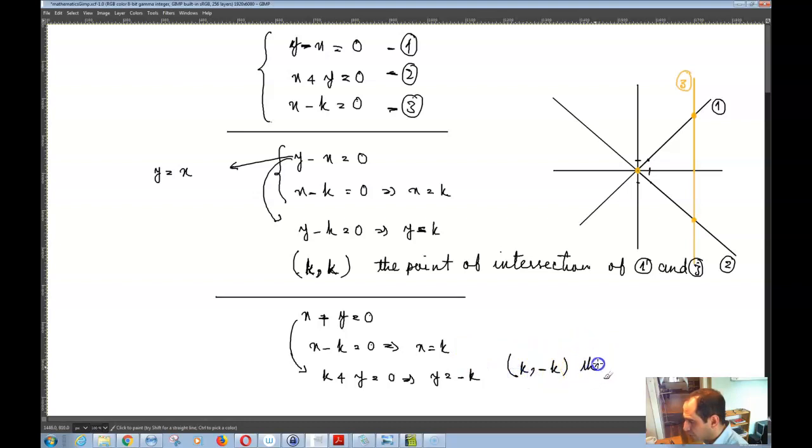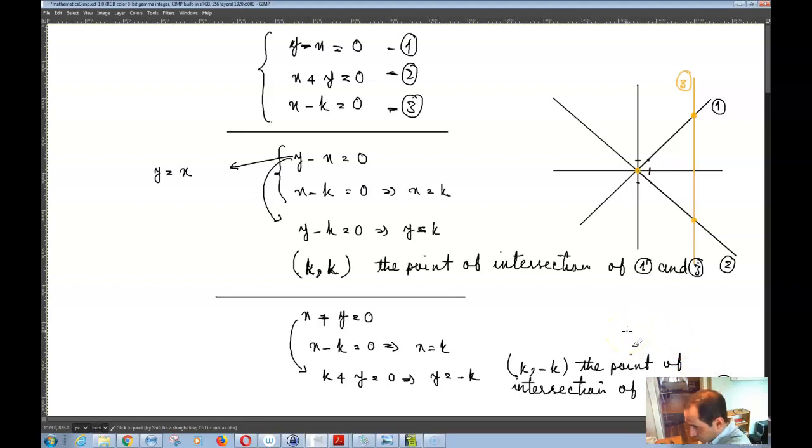So this is the point of intersection of 2 and 3.